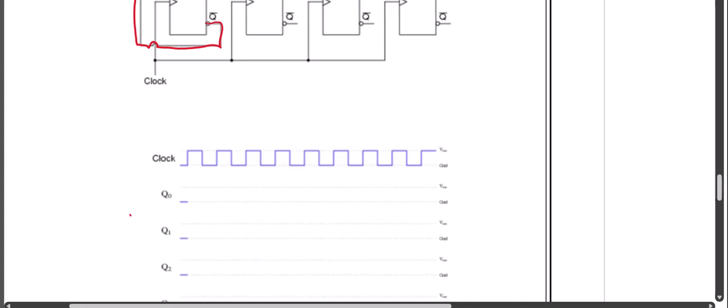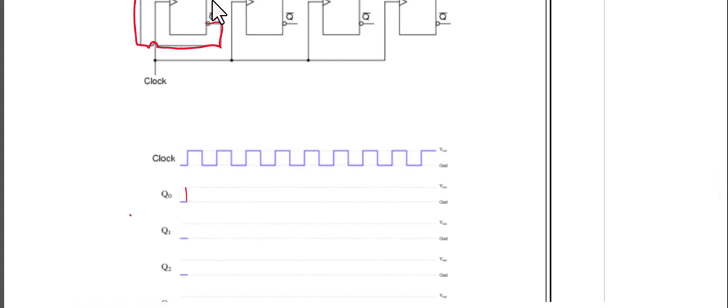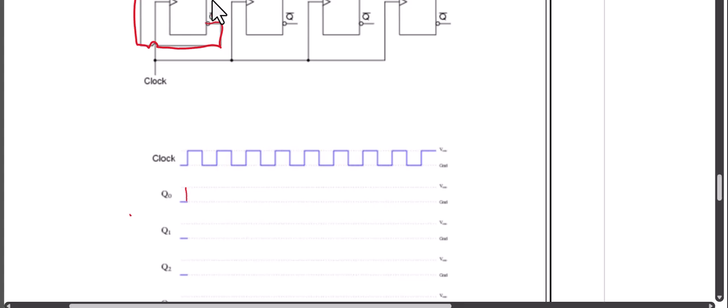So if this is 0, this is 1, and so that's its input, and so it's going to change to 1, and that means Q naught will be 0.